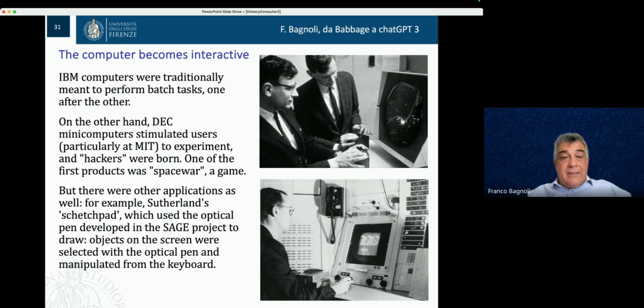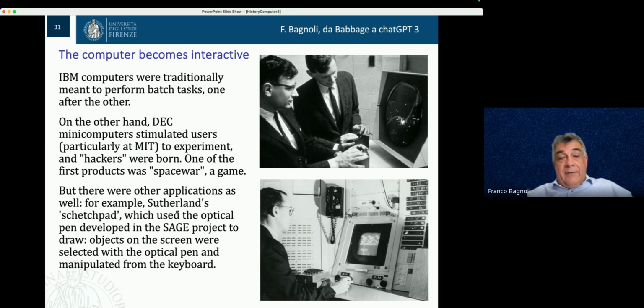So, for instance, at that time, Spacewar, which was a game with war and asteroids, was invented. You can see here, it is a PDP-1. These were invented first of all to amuse programmers, and also to test and develop new things.